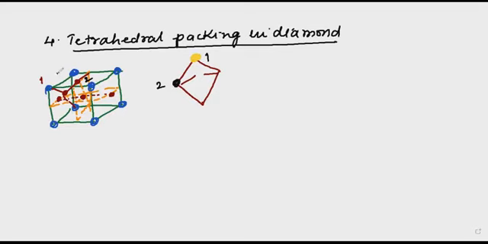And here I name this 3, so this 3 exists over here. This is a central one, and that one is arranged in the back side.